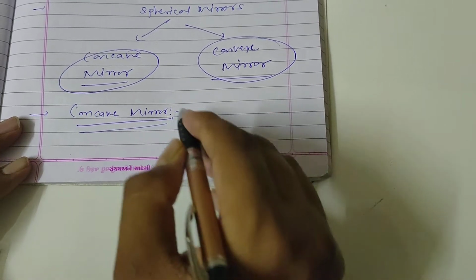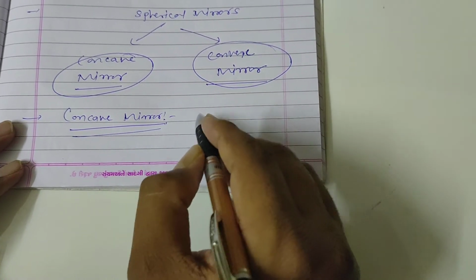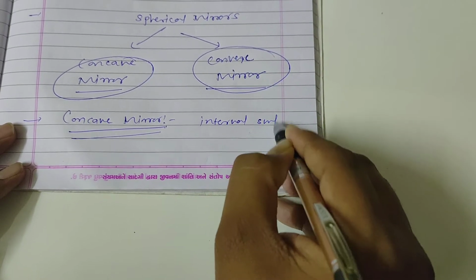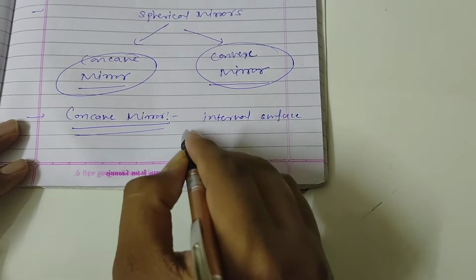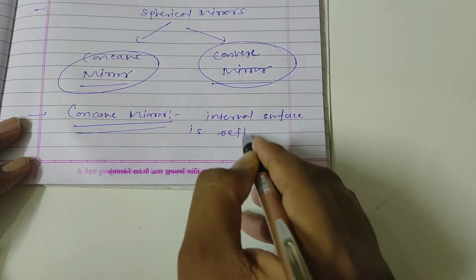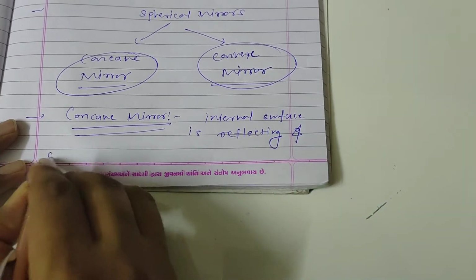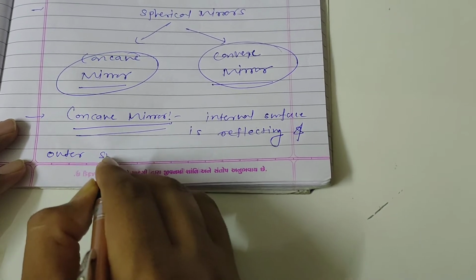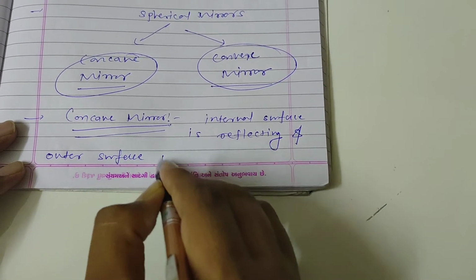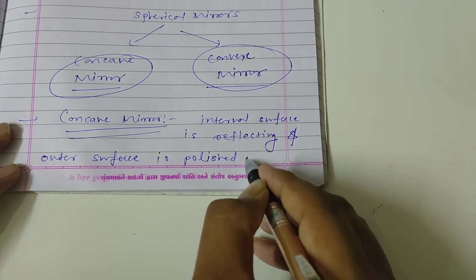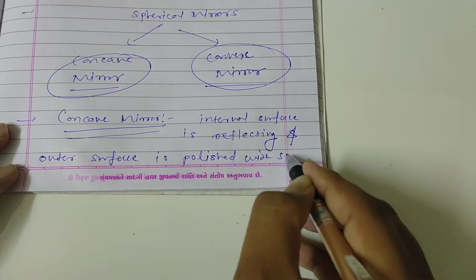In concave mirror, the internal surface is reflecting and the outer surface is polished with some colors.